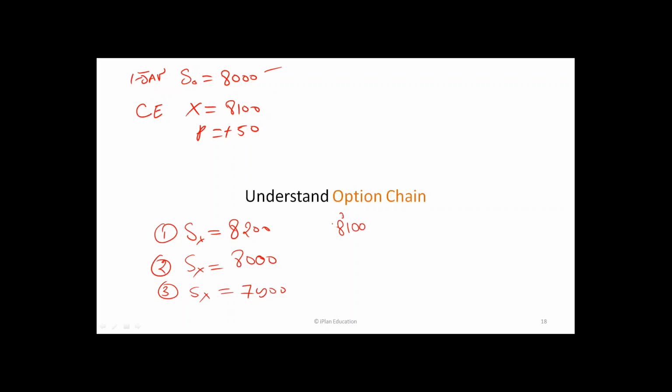Spot was 8,200, strike was 8,100, so I'm going to get a payoff of 100, minus the premium I paid. So my profit is 50.